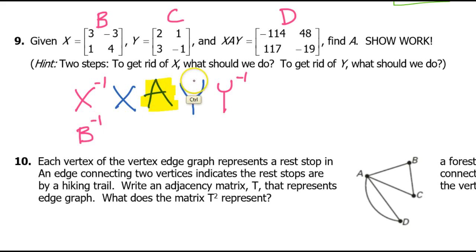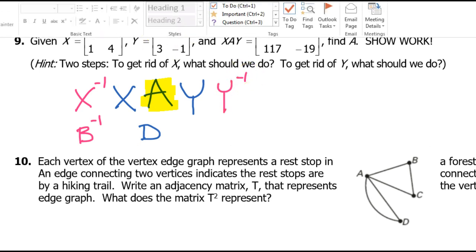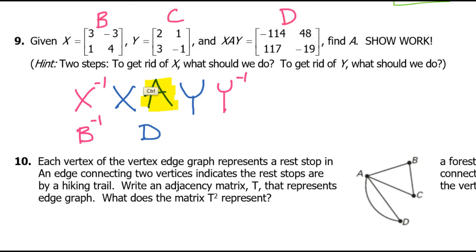Instead of XAY, that's matrix D. So when I get to that part, I'll just put matrix D. And then instead of y inverse, I typed that into matrix C. So that means I need to do C inverse. So this is what I'll put in my calculator. That should have the result of delivering matrix A for me.